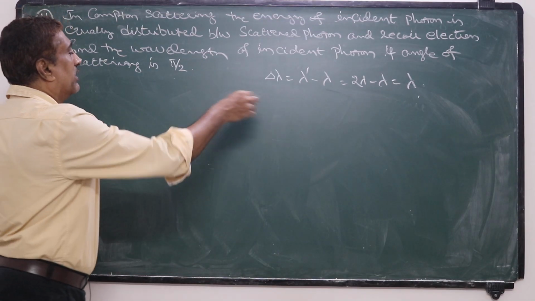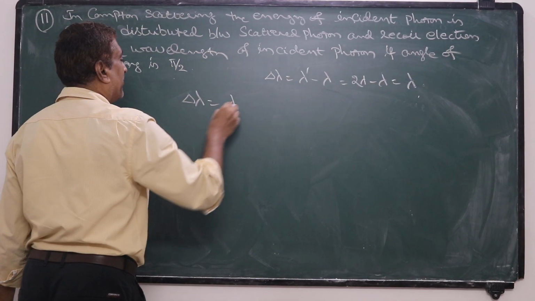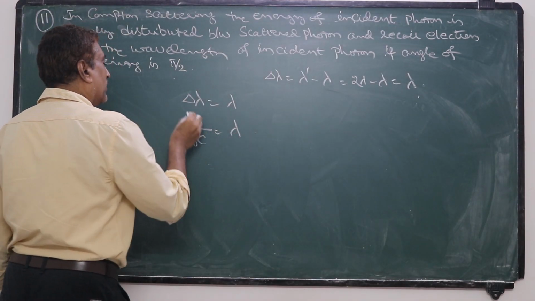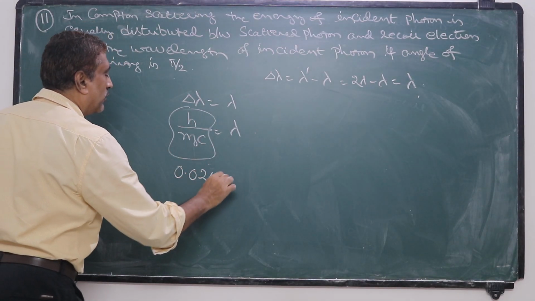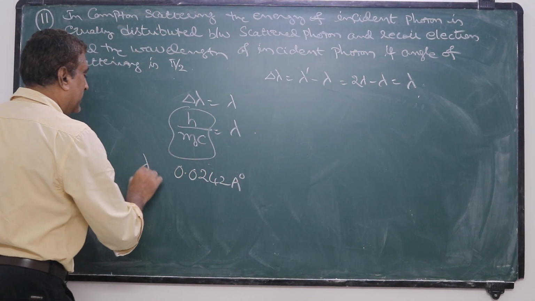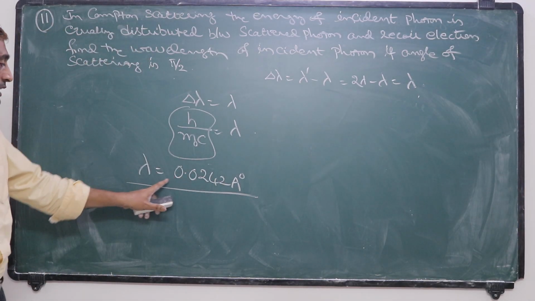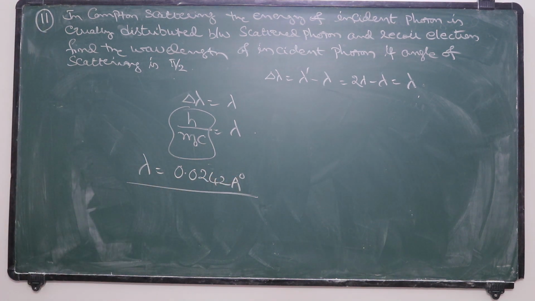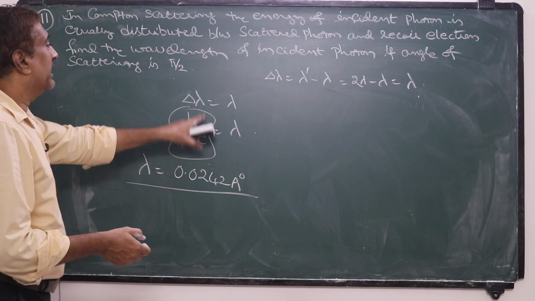Now, delta lambda is equal to h by m naught c, that is equal to lambda. As we know, this value is 0.0242 Armstrong. Therefore the incident photon wavelength is 0.0242 Armstrong.